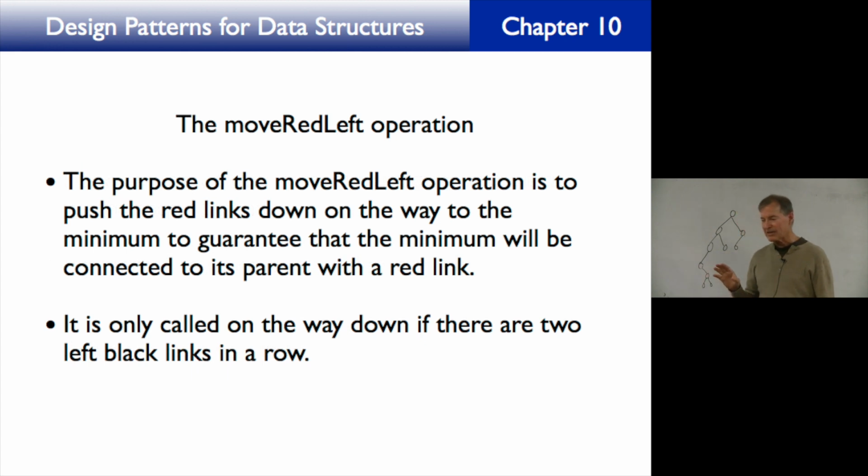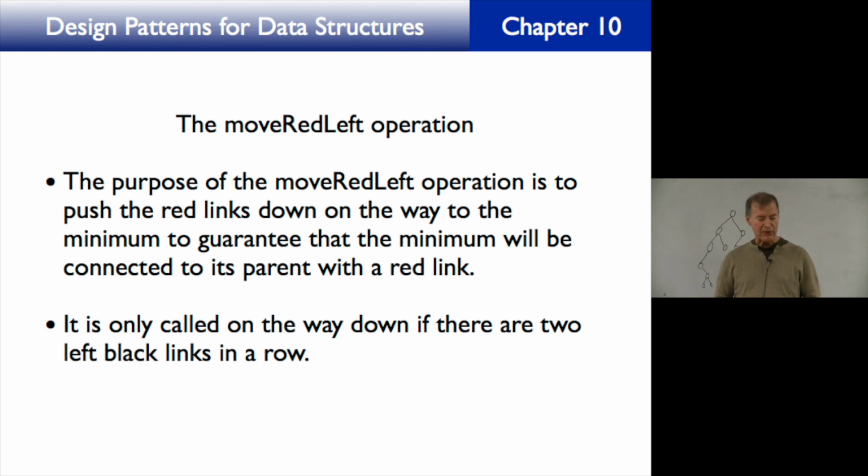So now we need some code to push those red links down. We're going to have an operation called move red left. You might have seen it in the code. There's a private method called move red left.